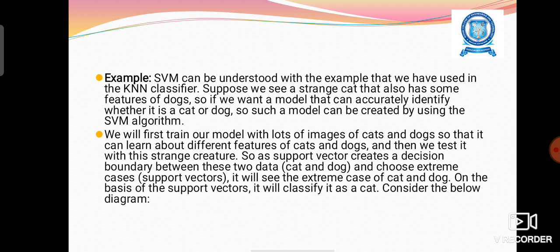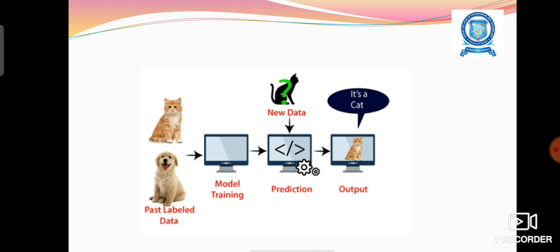Consider the below diagram. The dataset consists of images of animals, and a learning model will be produced by the machine learning algorithm.